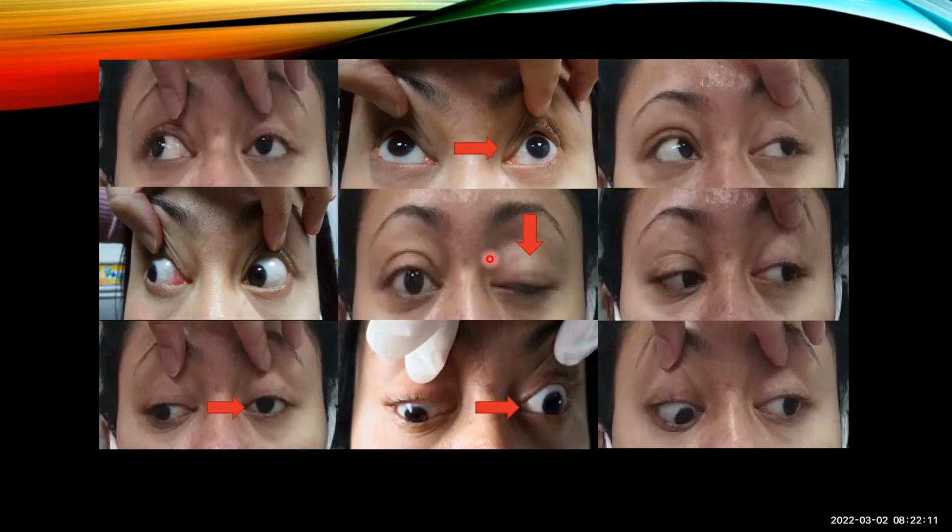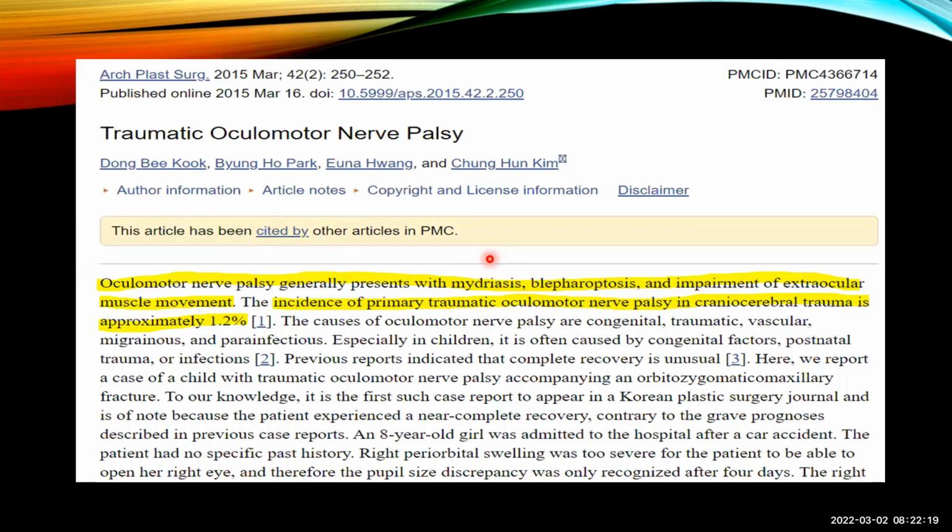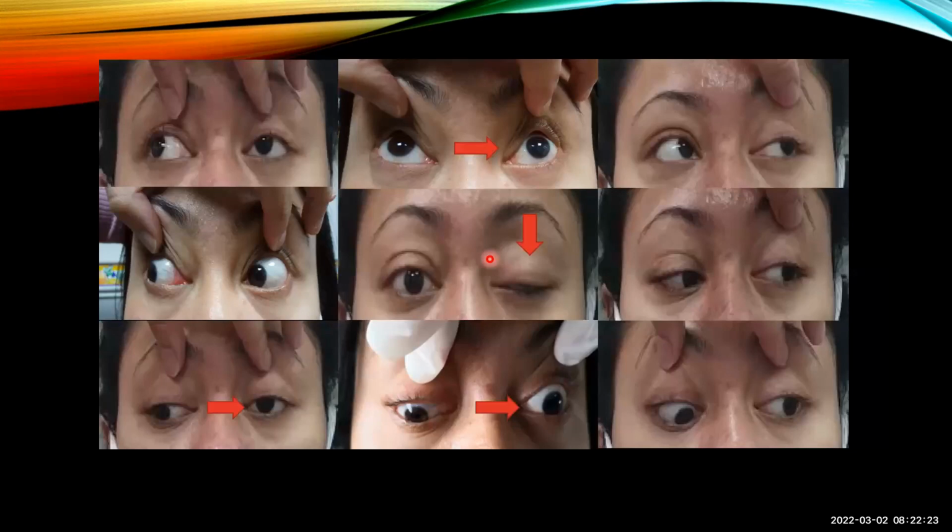And the CT scan showed resolving hemorrhage with no new onset of intracranial bleed. So this patient, we observed her 2 months after the discharge. We noted that the ptosis as well as extraocular movement had improved fully. However, the left eye pupil remained dilated at 5 mm.